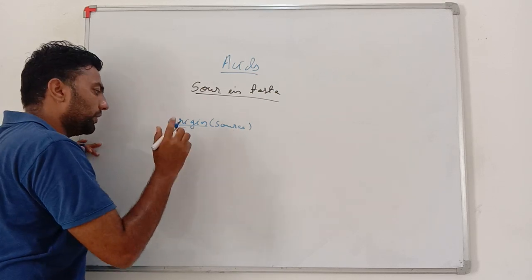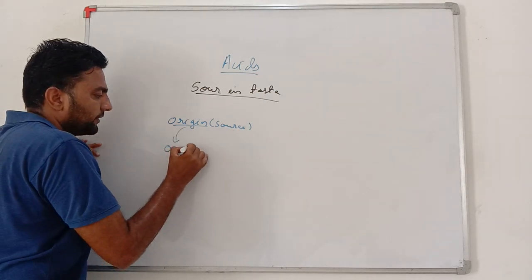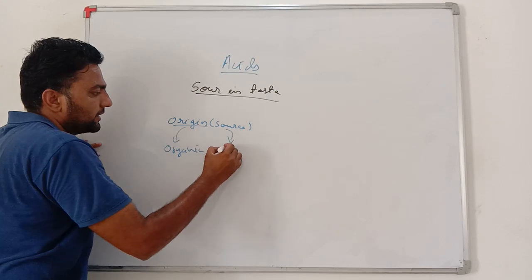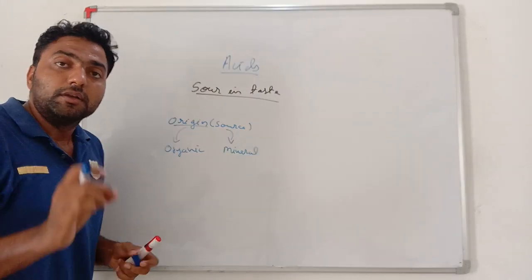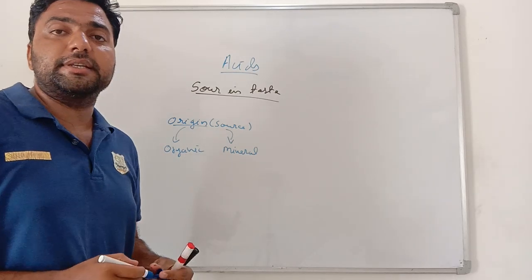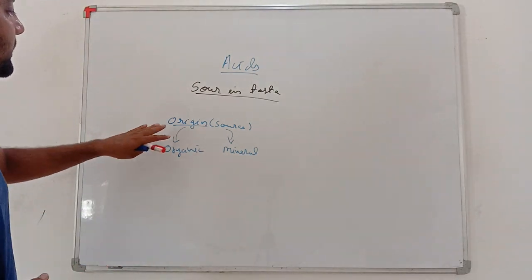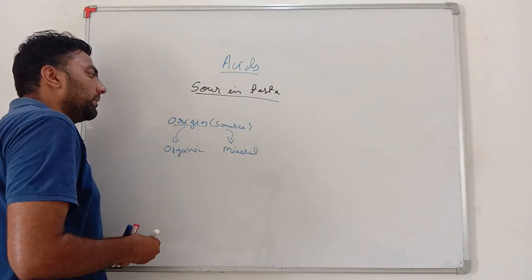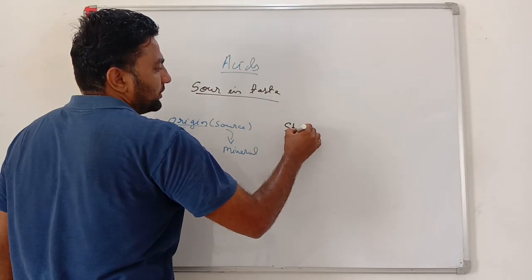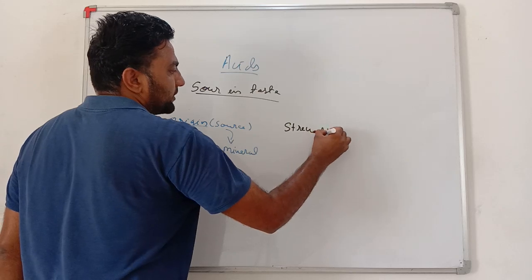Acids have two categories, that is organic acids and mineral acids. On the basis of the source of the acid, it is categorized into organic acids and mineral acids.